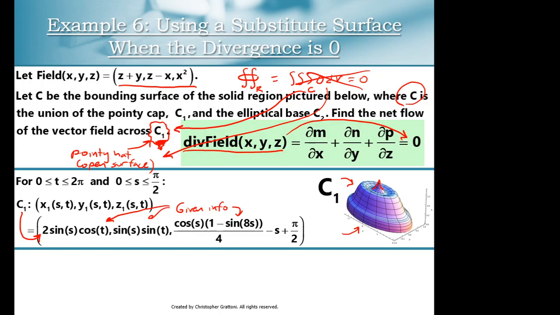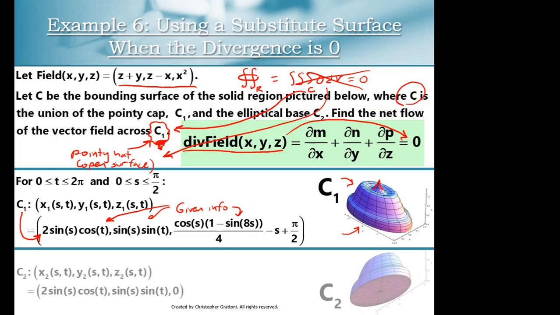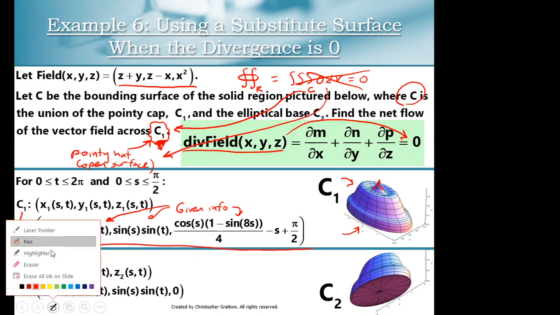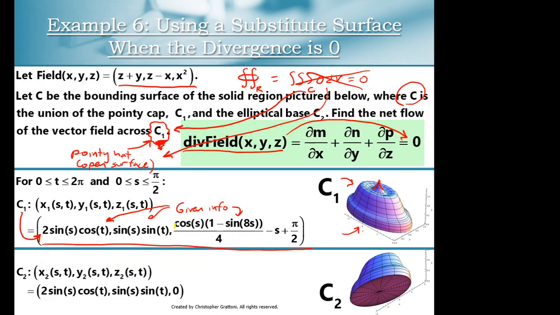Anyway, I want to come up with a C2 in order to force a closed surface. And the way I do that is I take my same equation from above, and I'm going to go into my z-coordinate, and I'm going to zero it out. This z-coordinate is what gives this thing all of its depth. It's what makes it pointy at the top.